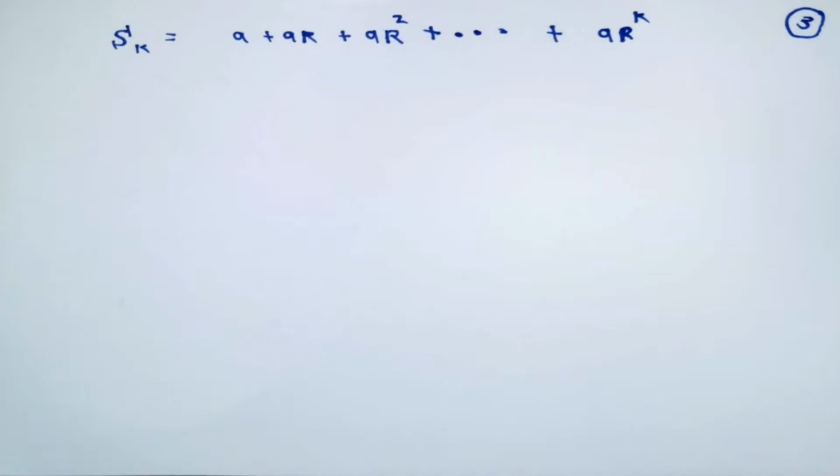In r times s number k, the first term is going to be a times r. The last term is going to be a times r raised to the k plus 1 power. The term that is immediately before that one would be a multiplied by r to the k power. So let's write that down.